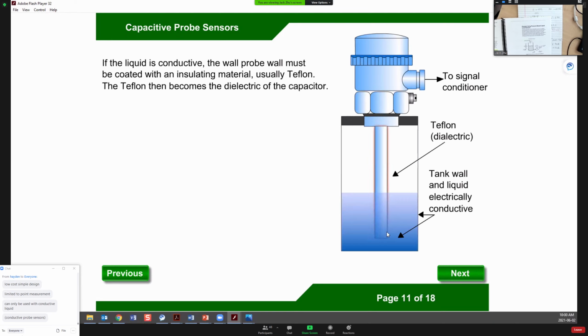If you're using a conductive liquid, you have to put insulation material on the probe or even on the tank's internal walls.